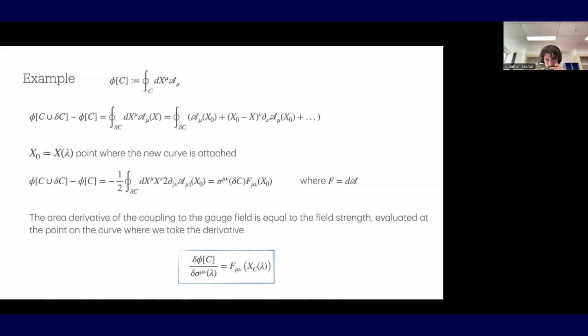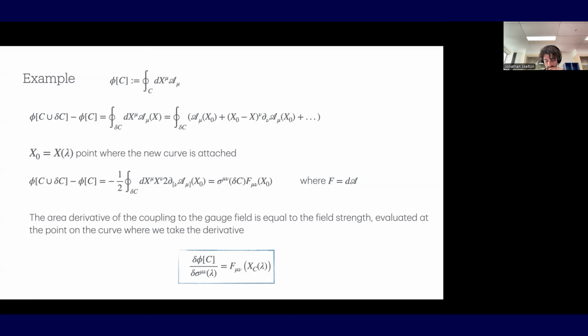A little side comment: we consider the minimal area, right? So it's the area bounded by C or delta C, depending on the contour you choose. A comment might be that it's not a local object. But since it's minimal, if you vary it a little bit, it will be stationary under small changes in the curve.